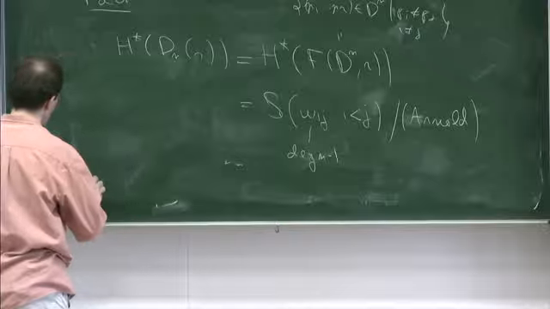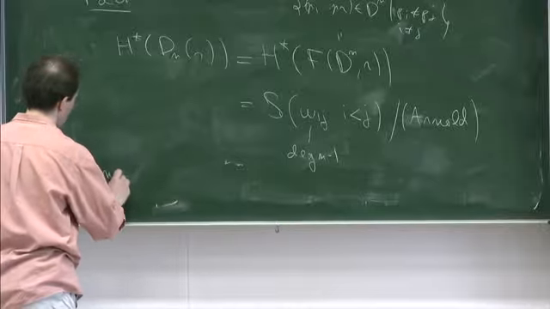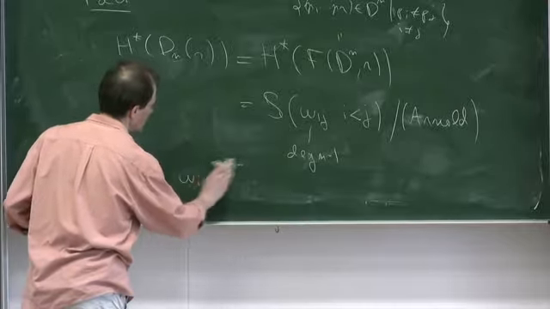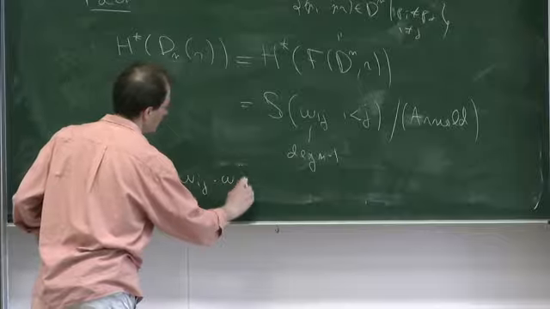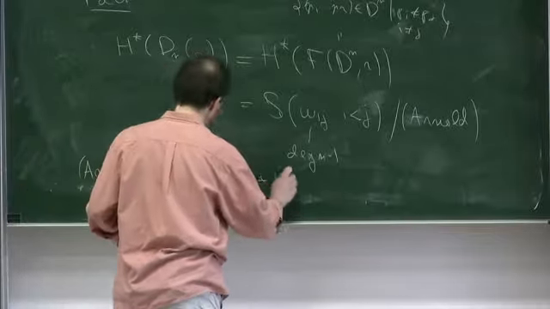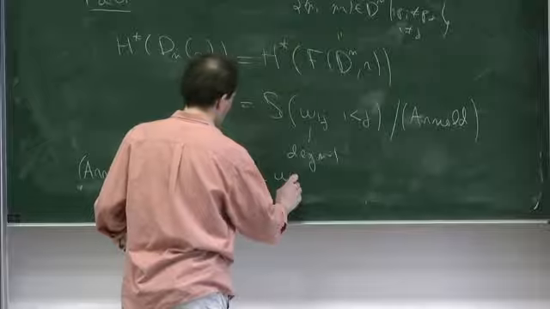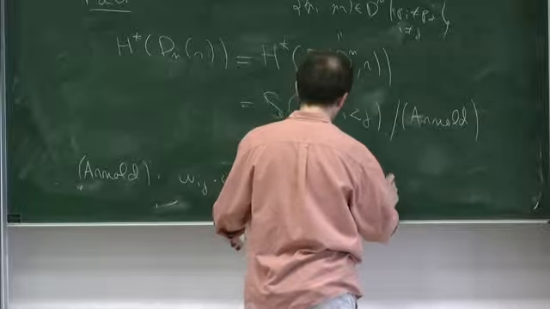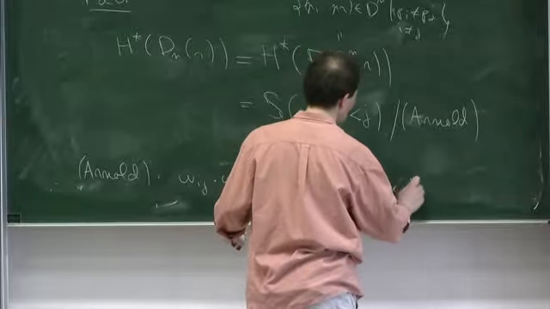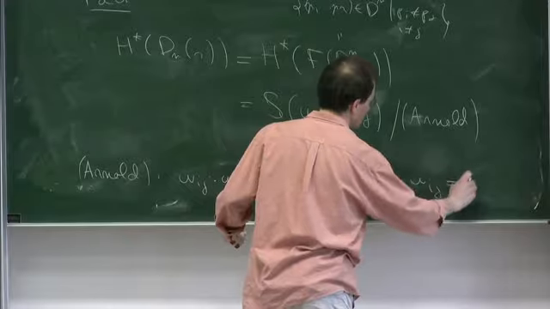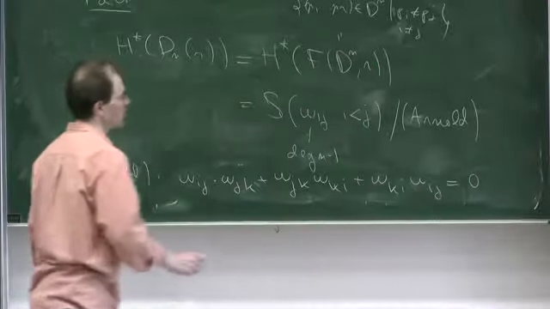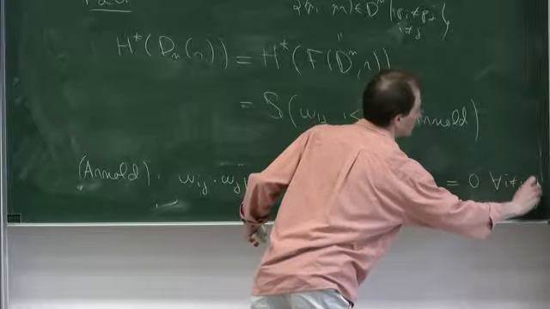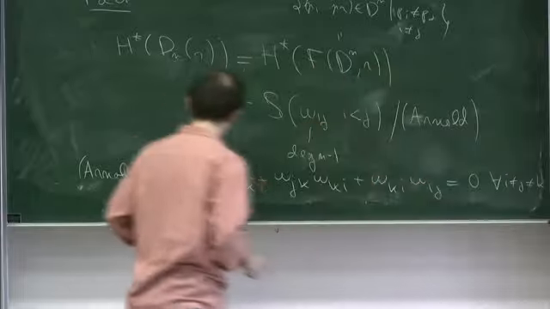The Arnold relation explicitly reads ω_ij ω_jk + ω_jk ω_ki + ω_ki ω_ij is 0. This holds for every triple ijk.